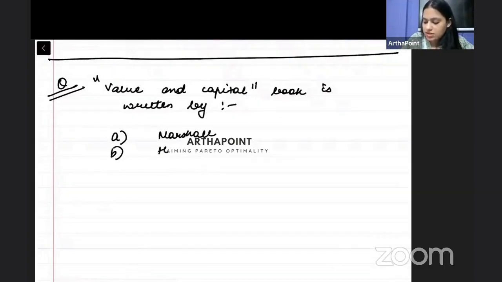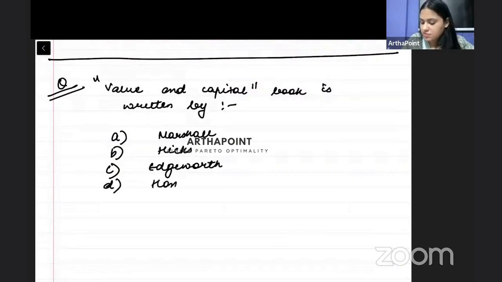Option number B, Hicks. Option number C, Edgeworth. Option number D, Hansen. Who has written the book Value and Capital? Marshall, Hicks, Edgeworth, or Hansen?